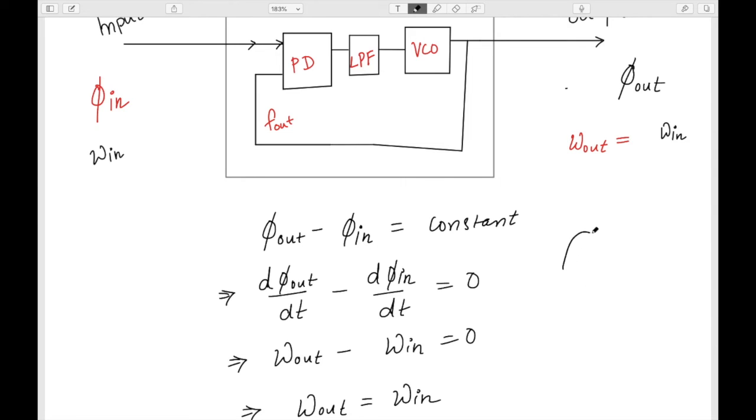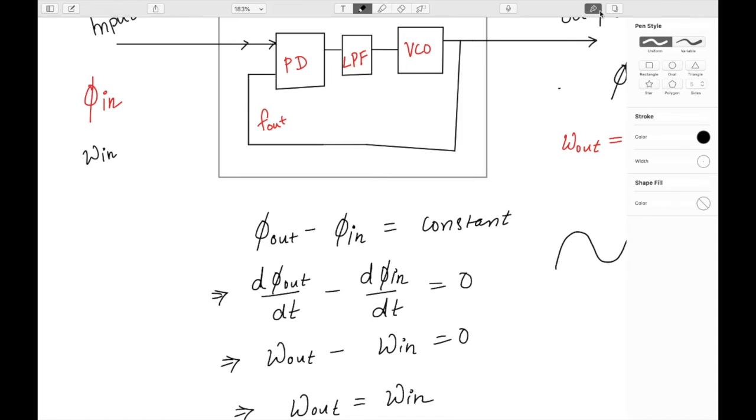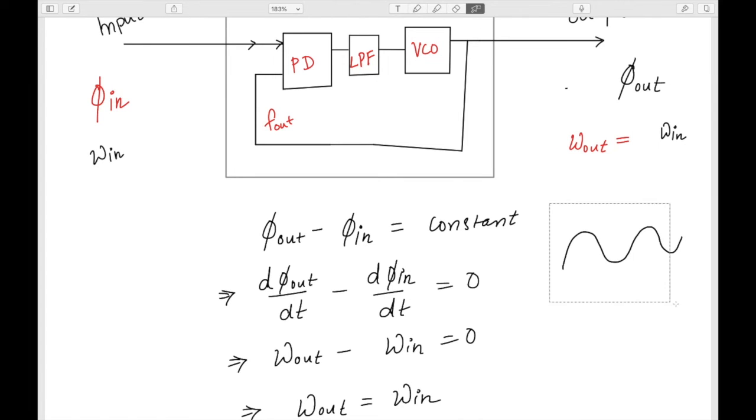If I have some sine wave, something like this, and another sine wave, and the phase difference between them is constant, I can say that the frequency of these two is the same. It is not necessary that the phase difference be 0. It can have a phase difference, but that phase difference should be constant. That is the basic concept of the PLL.